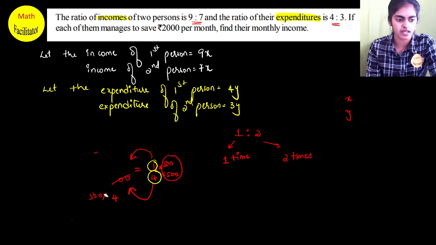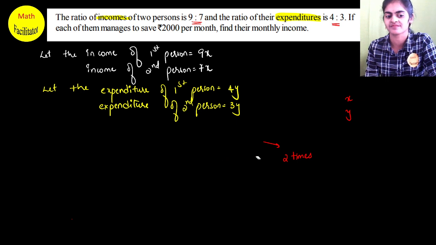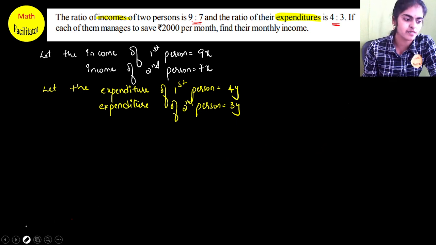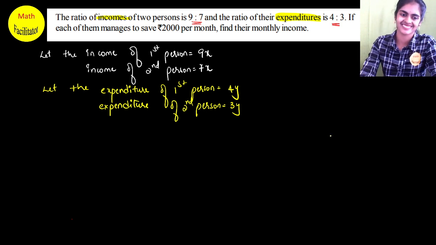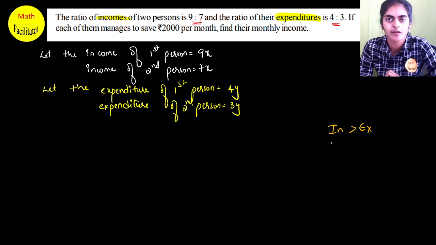Now one more simple logic: how can you save money? You can save money when your income is more than your expenditure. When income is more than expenditure, that's how your savings start. And how much did you save?